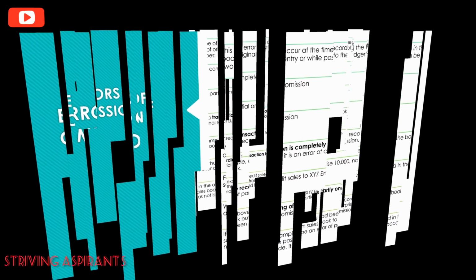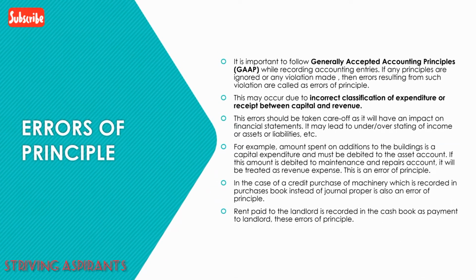Next one is errors of principle. It is important for the company to record the accounting entries as per GAAP, the generally accepted accounting principles. If there is a violation or ignorance regarding these principles, such errors are called errors of principle.